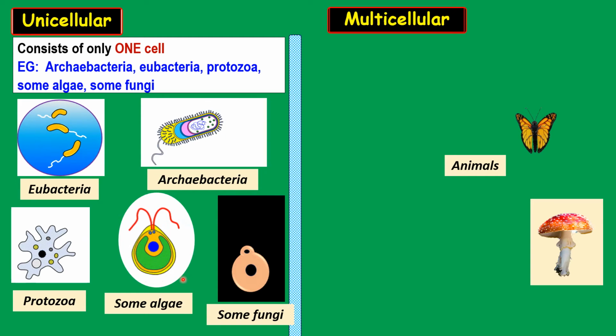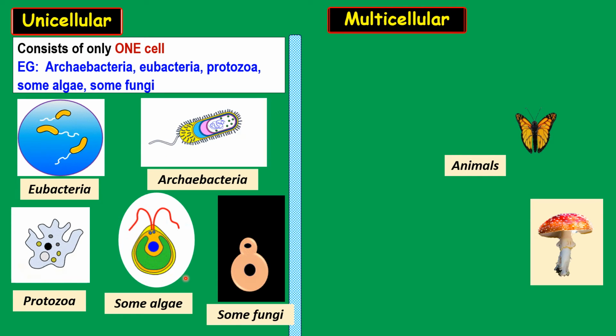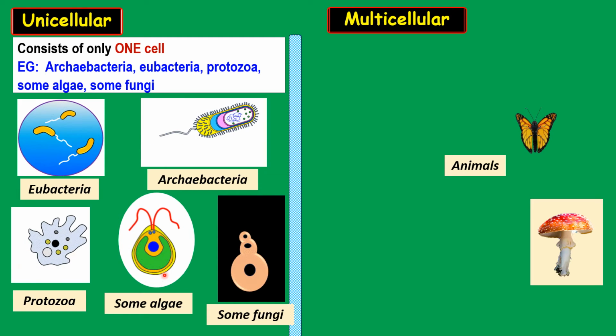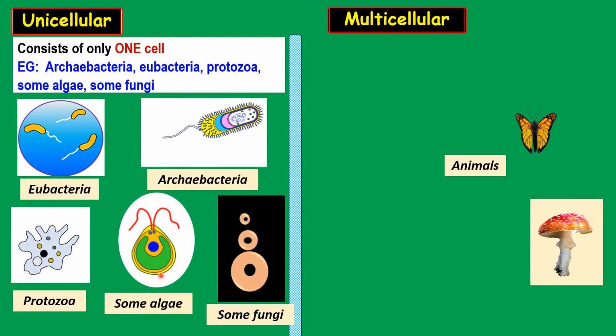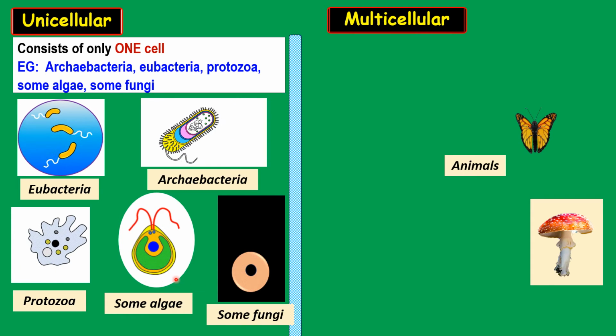Now, some algae that are microscopic are unicellular, right? As opposed to, in contrast to, the seaweeds that live in the ocean, right? So this algae is actually Chlamydomonas, and it is a unicellular type of algae. Okay, then the algae that form the phytoplankton in the sea or pond, which we call the green scum.